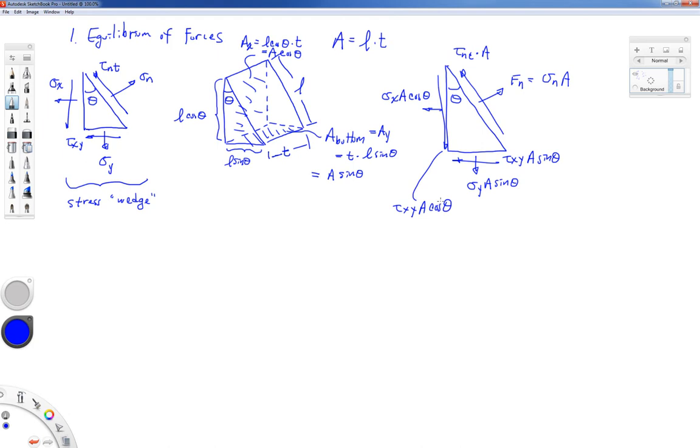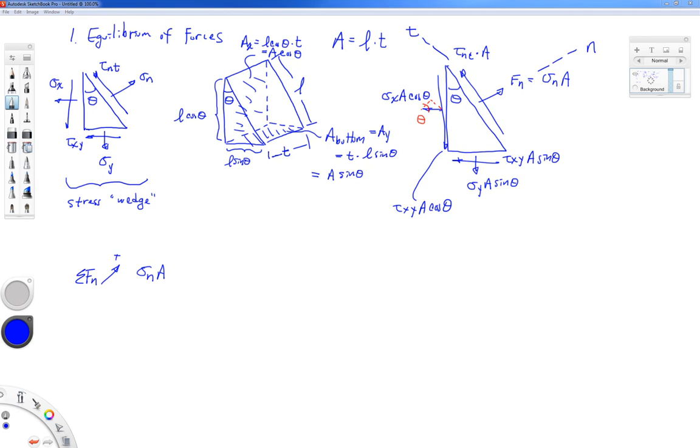What we can do next then is apply the summation of forces. If we want to solve for sigma n and for tau nt, the easiest way to do this is to do the summation of forces in the n and the t direction. So let me write down those equations and then we'll go through them as I talk.